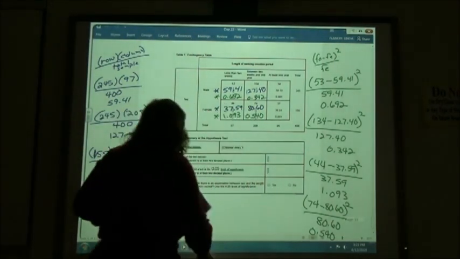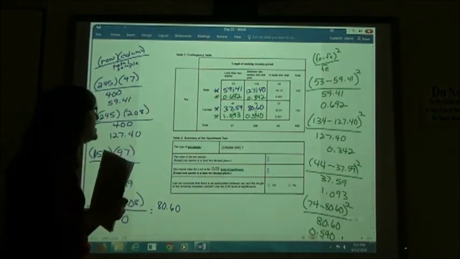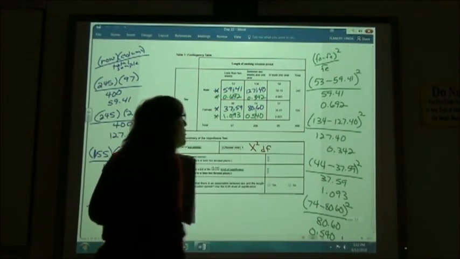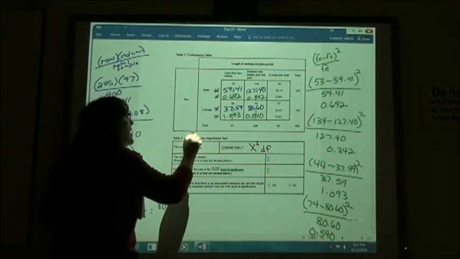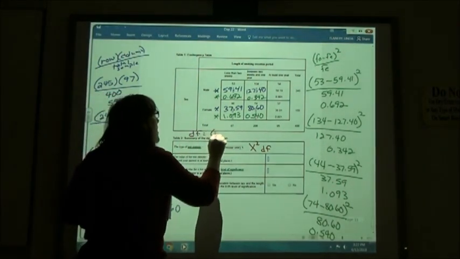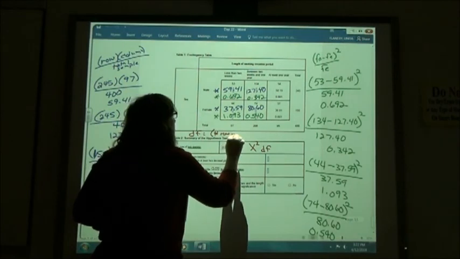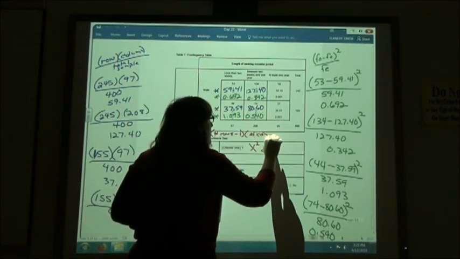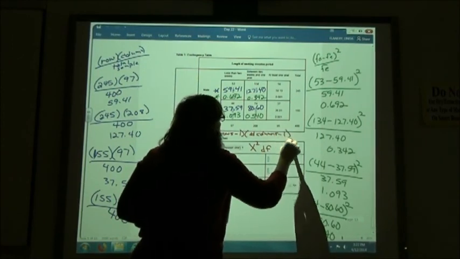Table 2, again, wants to know the type of the test statistic. We know that it's chi-squared and we have to have our degrees of freedom. My degrees of freedom is the number of rows minus 1 times the number of columns minus 1.